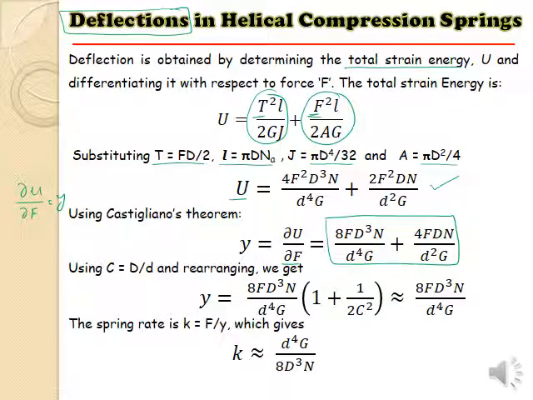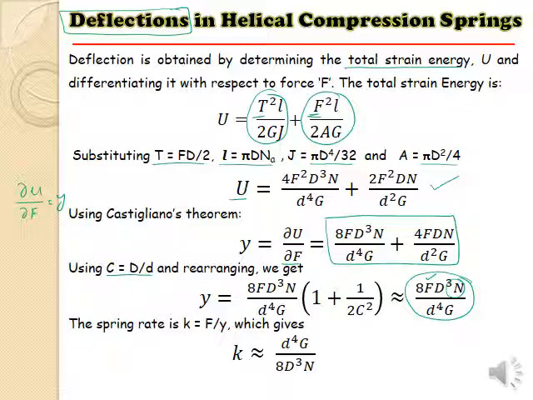Now again we will use the spring index, and when we use this spring index, the equation can be combined to this. Now look at deflection: it is equal to 8F D cubed, where capital D is the coil diameter, N is the number of coils, and d is the wire diameter, and G is the shear modulus of the spring material.